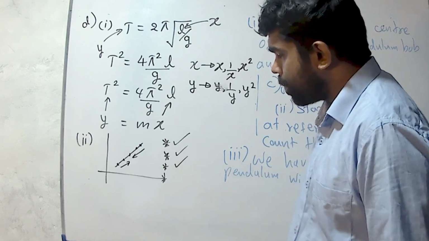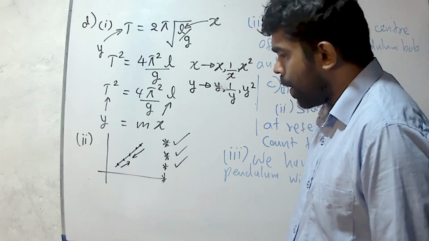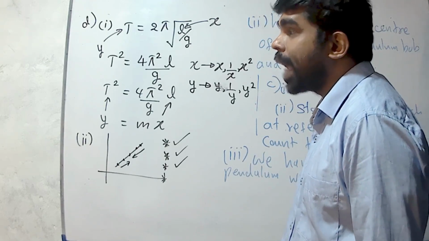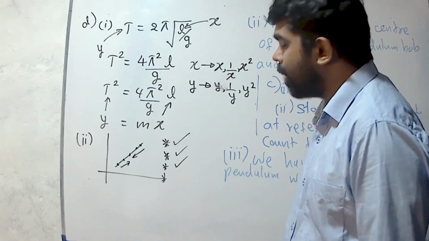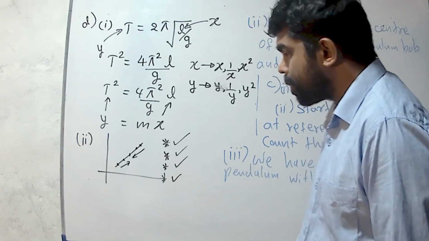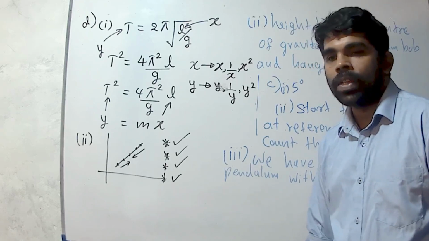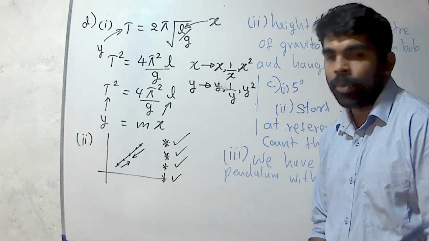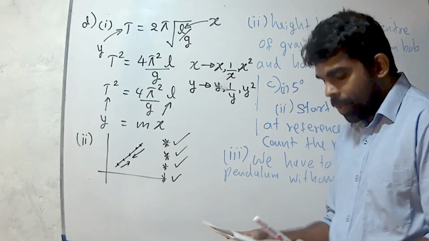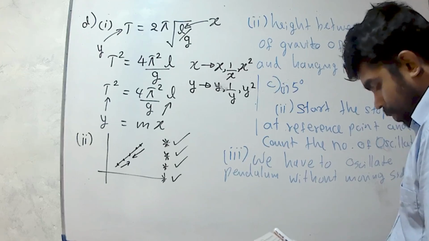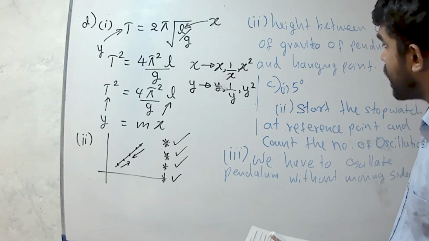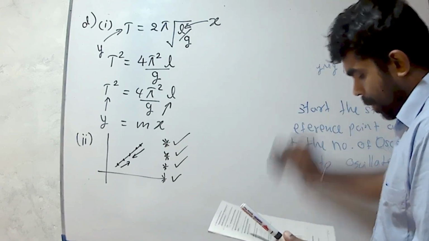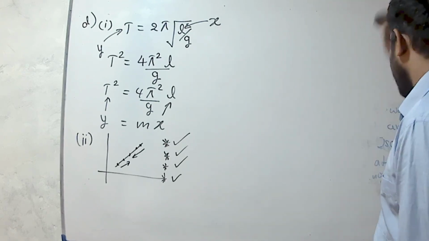Third, we have to select 2 points such that we can identify x and y values clearly. Fourth, we have to select 2 points with maximum gap between them. According to those 4 conditions, we can select 2 points from the graph.